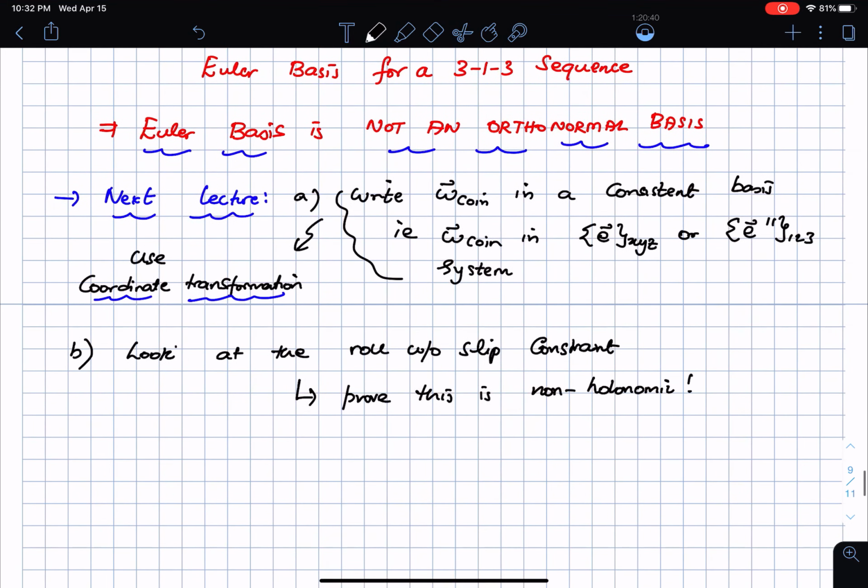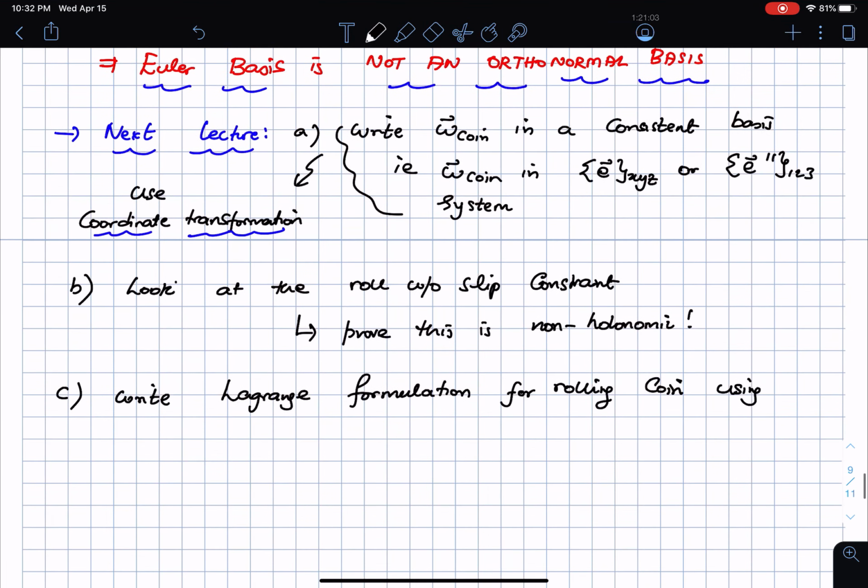And then my next step is to write the Lagrange formulation for the rolling coin using Lagrange multipliers.